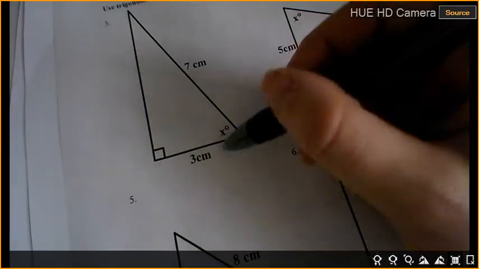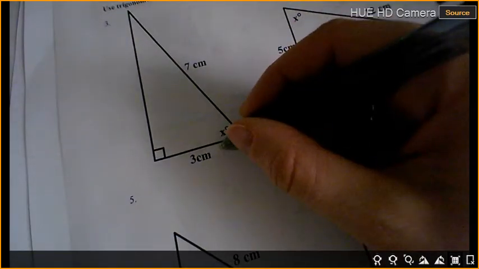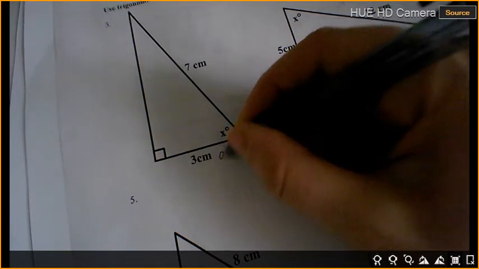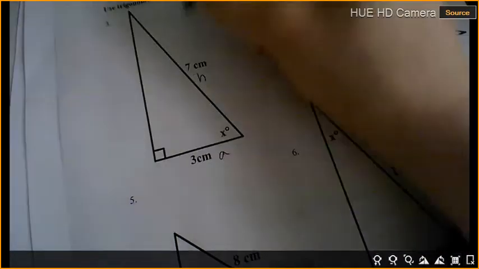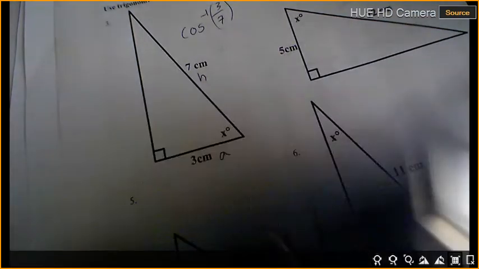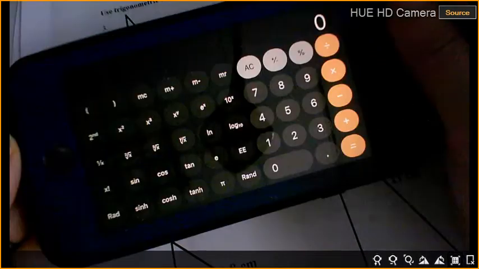This is my 3 centimeters. Is it the opposite, adjacent or hypotenuse? 7 is the hypotenuse, so you're going to use which trig function? Cosine -1 3/7.